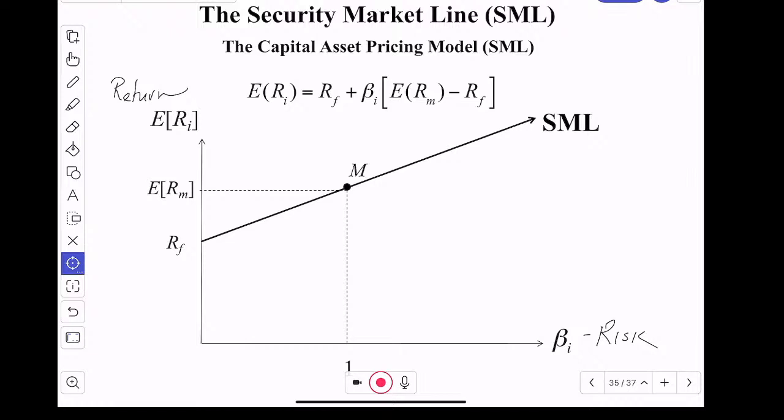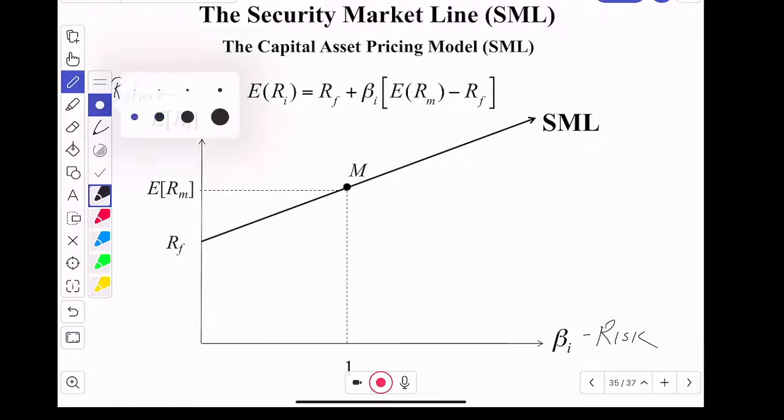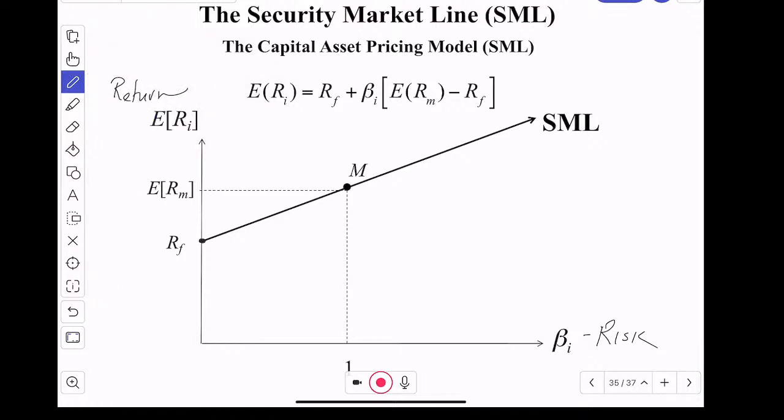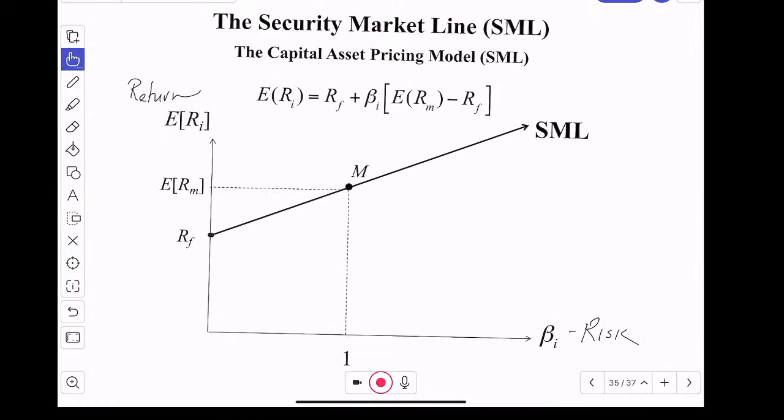This creates a line, another linear combination. And what are plotted on the line? The risk-free rate, the market portfolio, and we can also mark the expected return on the market portfolio and the beta of the market portfolio, which is 1.